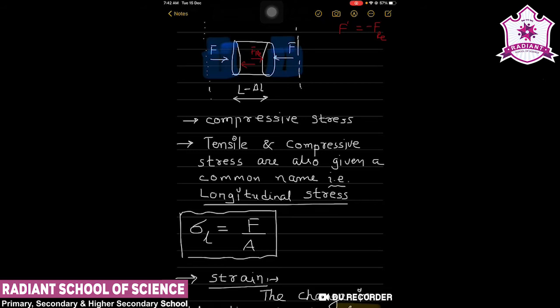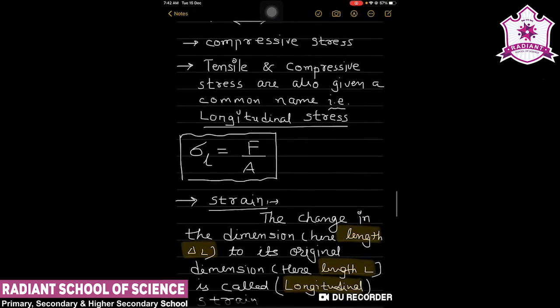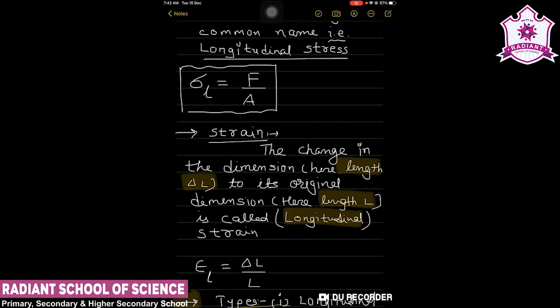That is, tensile and compressive stress are also given a common name, and that is called longitudinal stress. Here, the longitudinal stress is in general defined as sigma L, that is F upon A, and now this is the common understanding of the stress.